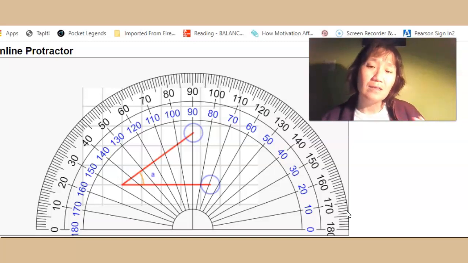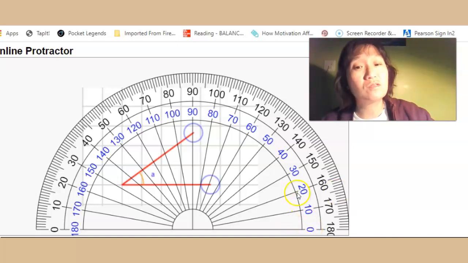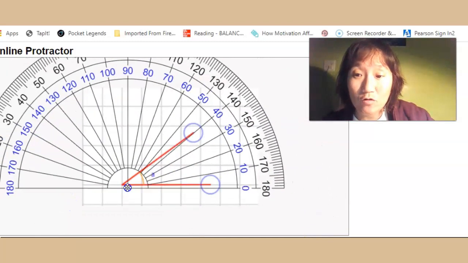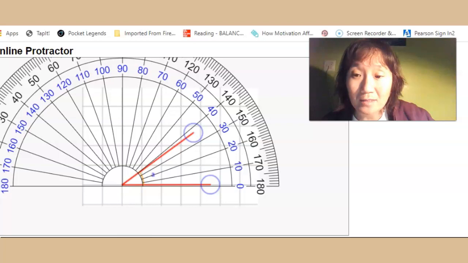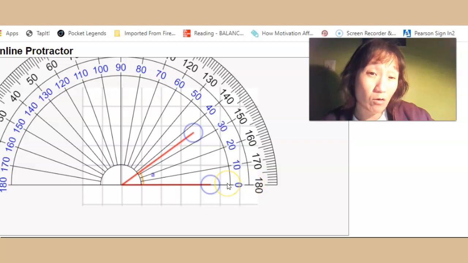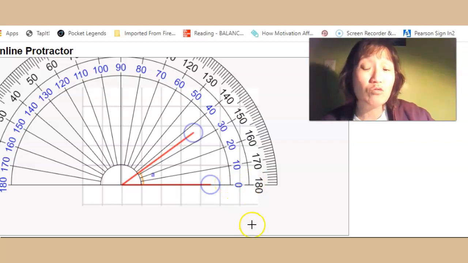If you want to start at 0, then you're going to use the blue. So if I move this here and put the little cross, the intersecting lines, perpendicular right at the corner, then I'm going to say that this side is starting at 0. So I'm going to use the blue lines.